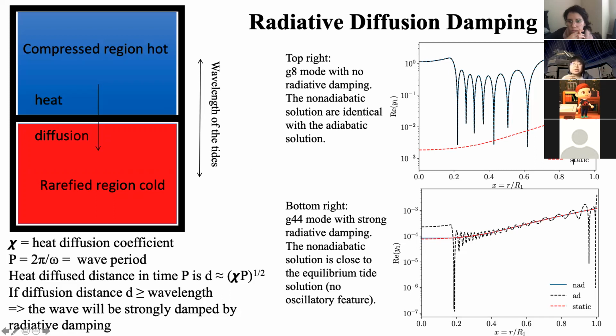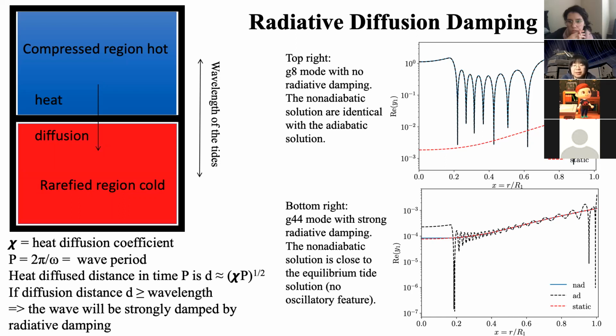The adiabatic response is more like an ideal case, and the non-adiabatic calculation is closer to reality. For this case, if we force the star near the natural frequency of the low order g mode, the mode can be excited but weakly damped. So the non-adiabatic solution should be very close to the adiabatic solution, and we can see the black and blue curves overlap each other.